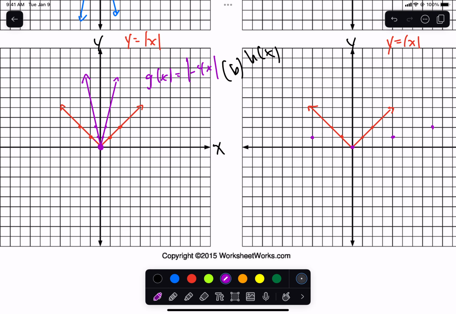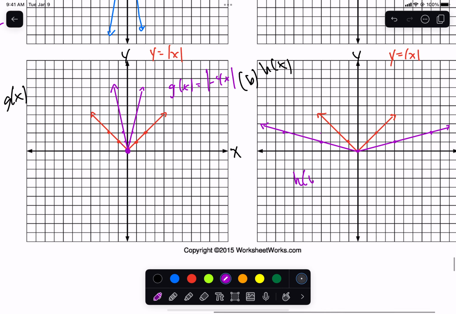Sorry, miscounting. 2, 3, 4, 5, 6, 7, 8. There we go. So there is your h of x function. That would be h of x is equal to 1/4 the absolute value of x. So that's that.